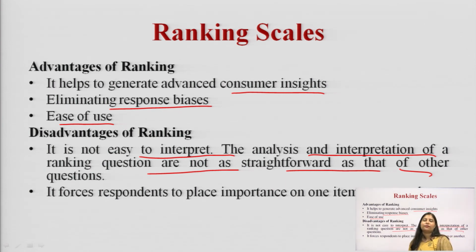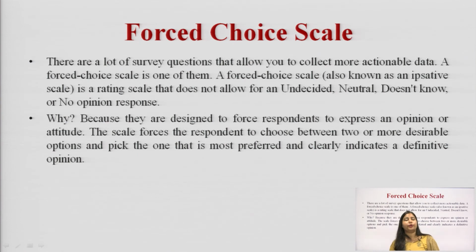There you get a very straightforward answer, either you like the product or you don't, but in the ranking scale your response is not that way, and it forces the respondent to place the importance of one item over the other.